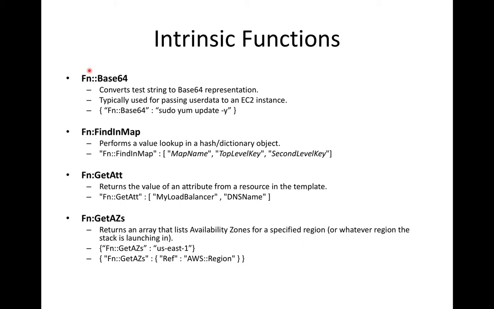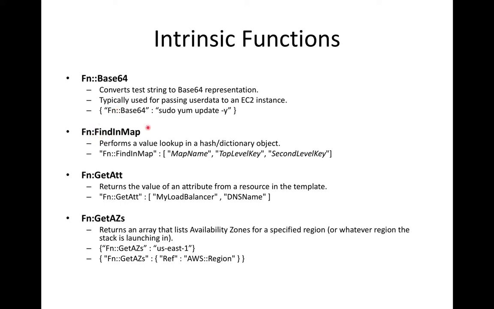If you're just using the website console and you're typing in the user data information there as part of your EC2 instance configuration, you don't realize that behind the scenes this is getting converted. When you're providing user data in a CloudFormation template, then you have to explicitly specify that the user data script is going to be converted to base64, using this Base64 function.